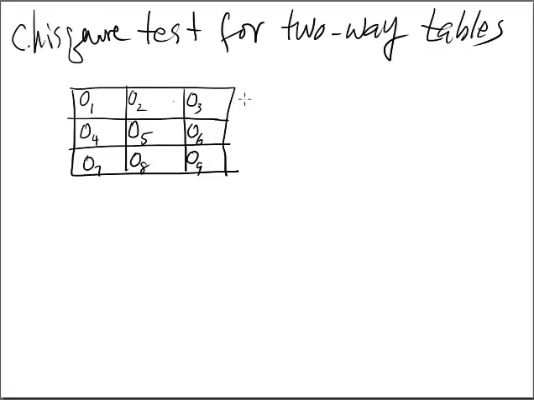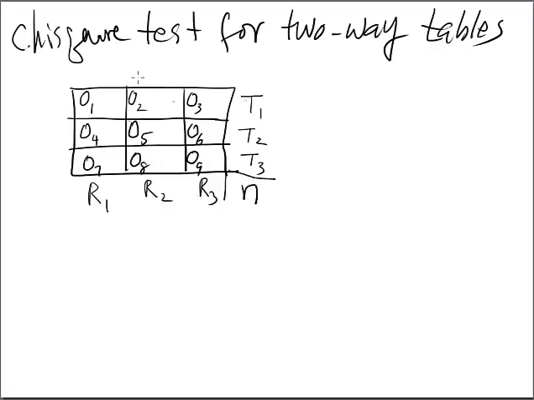So you have to find the totals. So this is the total. I'm going to use T1, T2, T3 for the column totals and R1, R2, R3 for the row totals. Well, this little corner is the grand total.